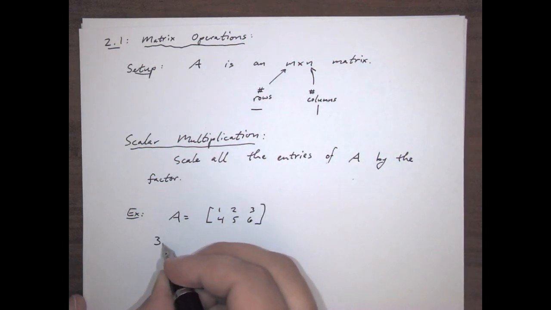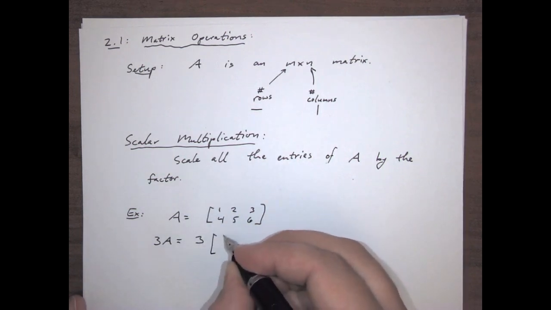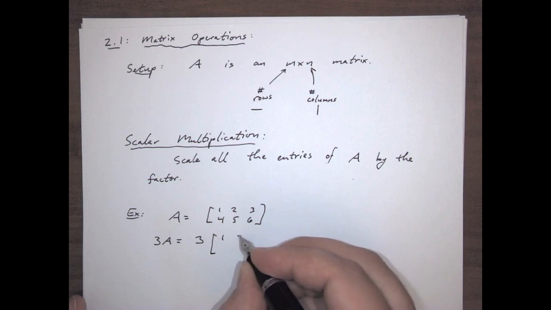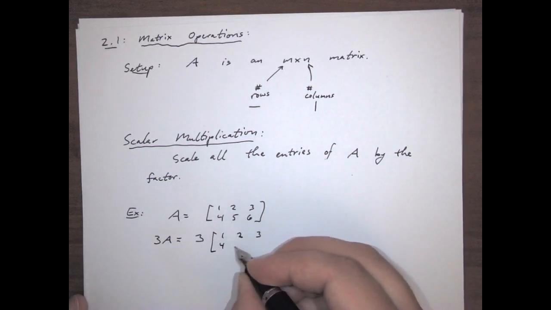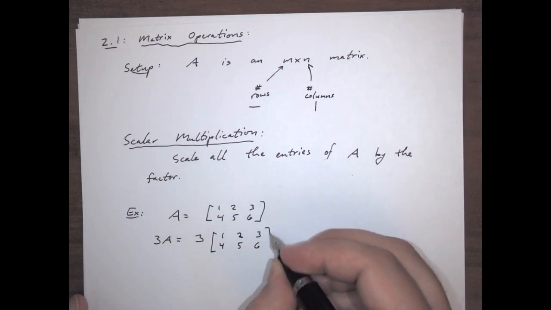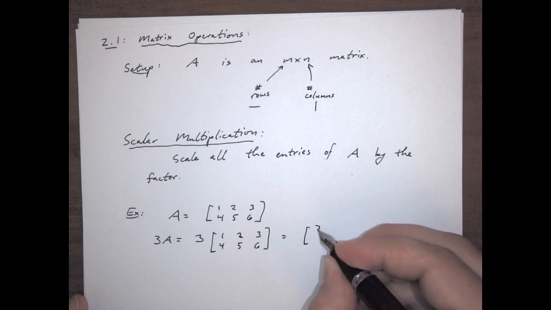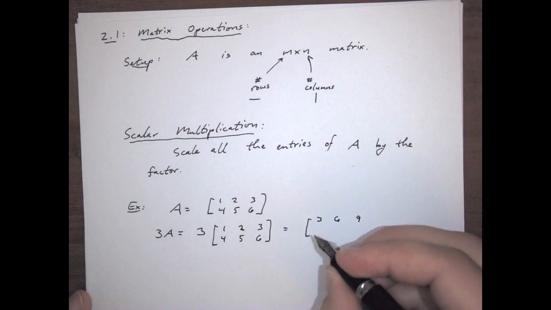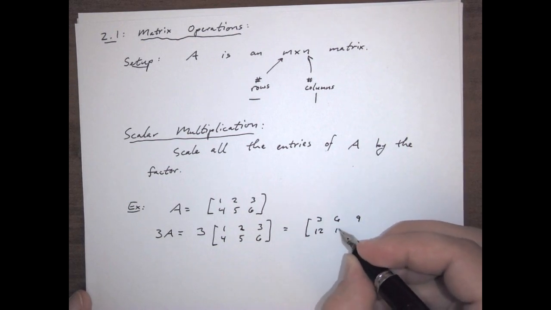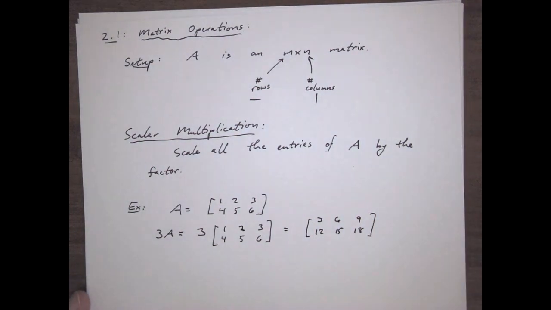Then something like 3A would be 3 times 1, 2, 3, 4, 5, 6, which would then just equal 3, 6, 9, 12, 15, 18. So it would just scale accordingly.